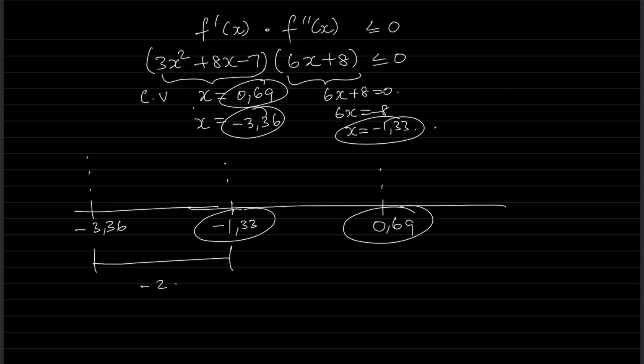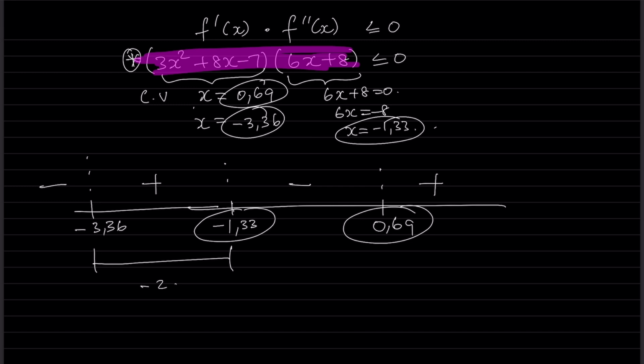If I substitute negative 2 into this whole expression, will I get a positive or a negative answer? Let's see. So you have 3 times negative 2 squared plus 8 times negative 2 minus 7, then times 6 times negative 2 plus 8. That gives me a positive answer. So now what we do here is we'll put positive here and we will alternate.